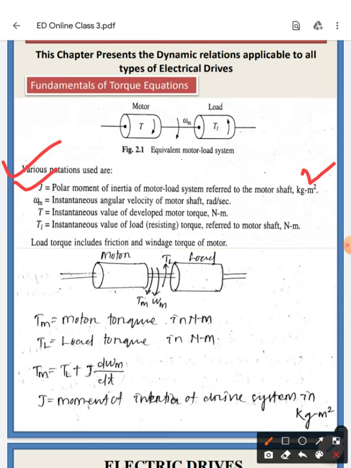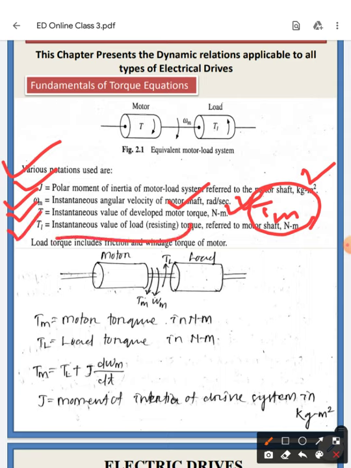Omega m is the instantaneous angular velocity of the motor shaft, in radian per second. T, capital T, which you can also write as Tm, is the instantaneous value of your developed motor torque, in Newton meter, and TL is the instantaneous value of your load torque, also in Newton meter.